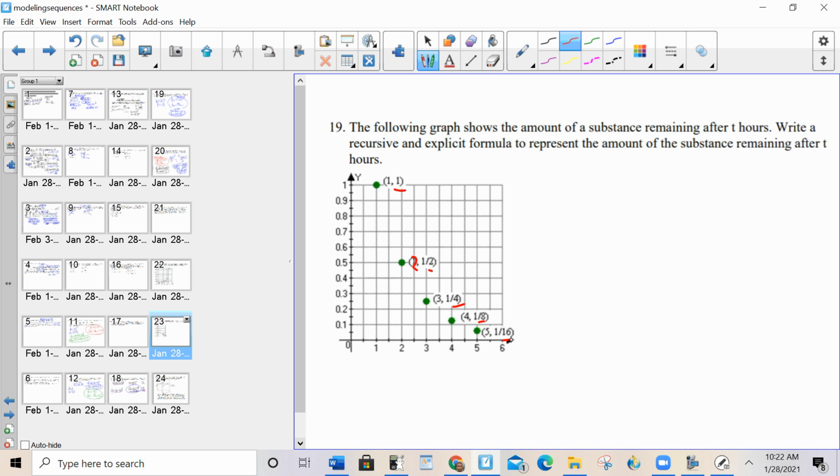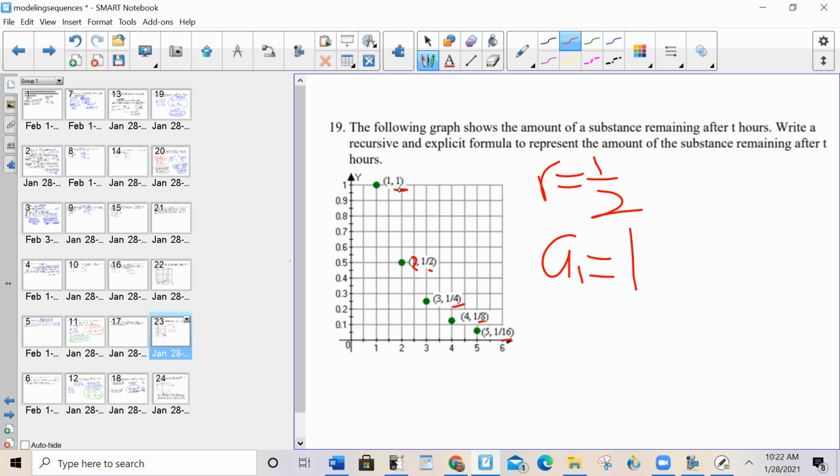So, first of all, I'm going 1, 1/2, 1/4, 1/8. If you can't tell what it is mentally, it's definitely not linear, it's exponential. You can do 1/2 divided by 1, 1/4 divided by 1/2. Your R is going to be 1/2. A1 is going to be 1.